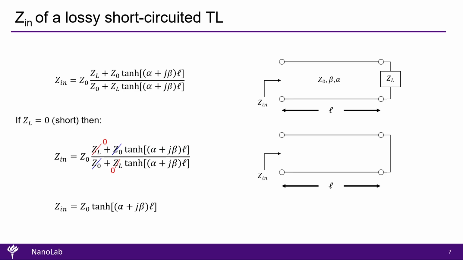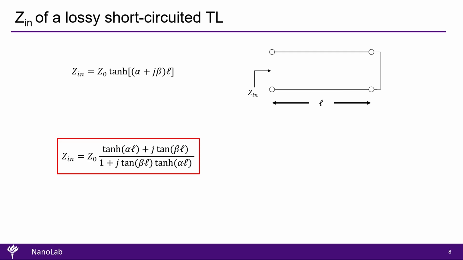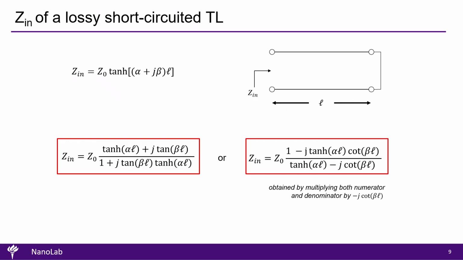Using the identity for the hyperbolic tangent of a sum, we can rewrite Zin as shown inside the red rectangle. Finally, by multiplying both the numerator and denominator by minus j cotangent of beta L, we arrive at an alternative form for Zin. These two equivalent expressions for the input impedance of a short-circuited transmission line will be useful in our upcoming derivations.